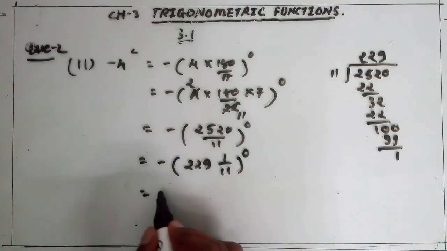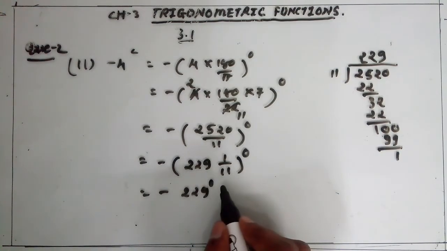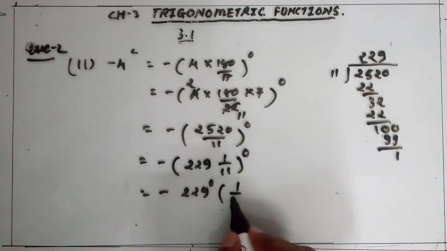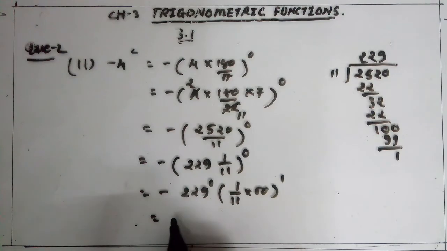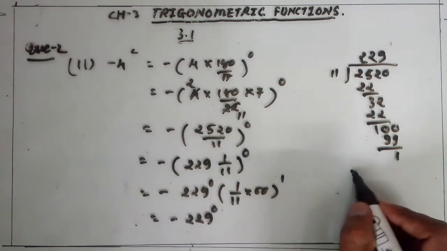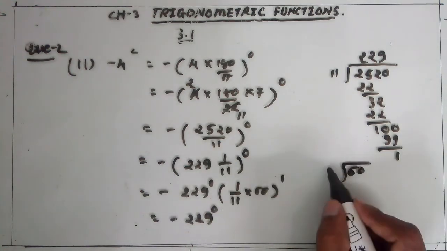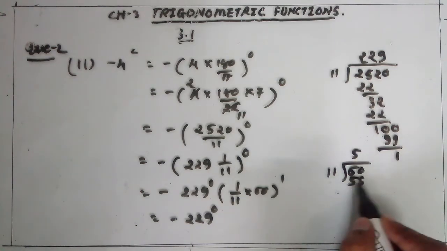Clear? So it is equal to minus 229 degree. 1 upon 11 degree change into minute form, multiplying by 60. So it is equal to minus 229, 60 upon 11, using the simple division method. 11 5s are 55.